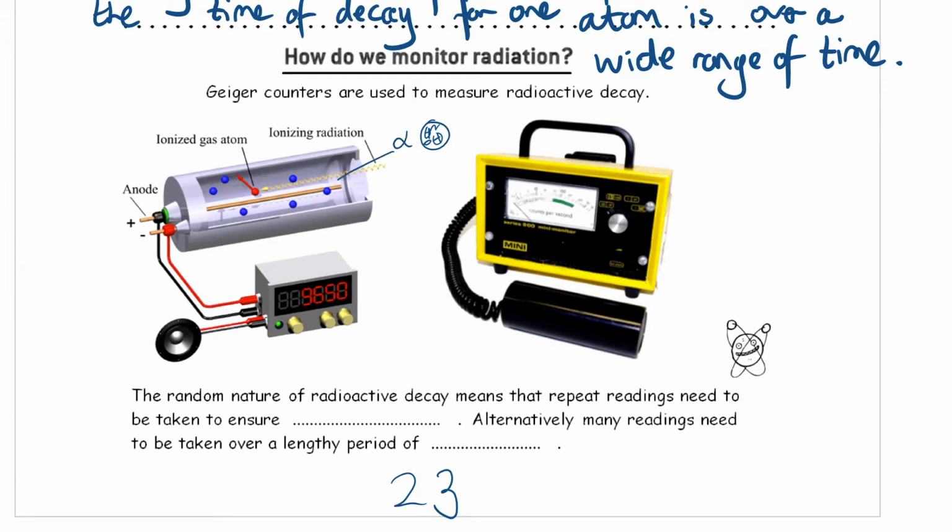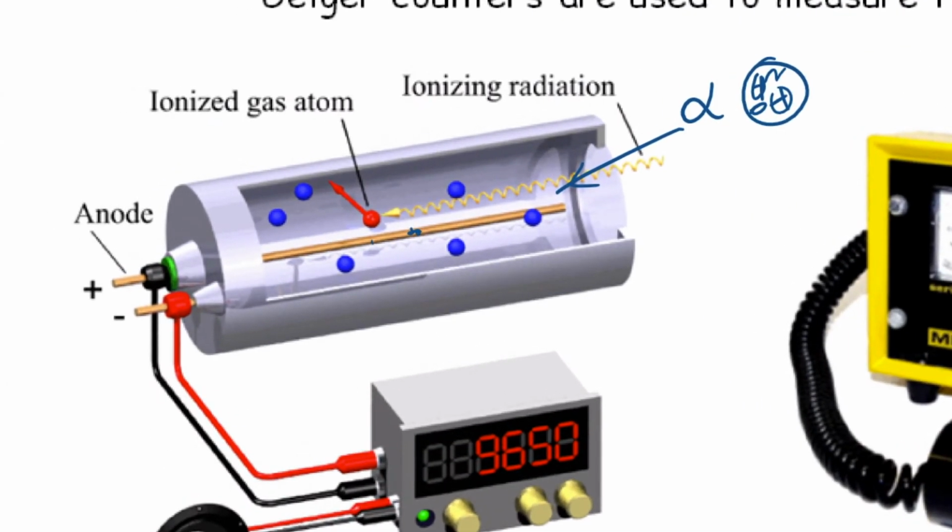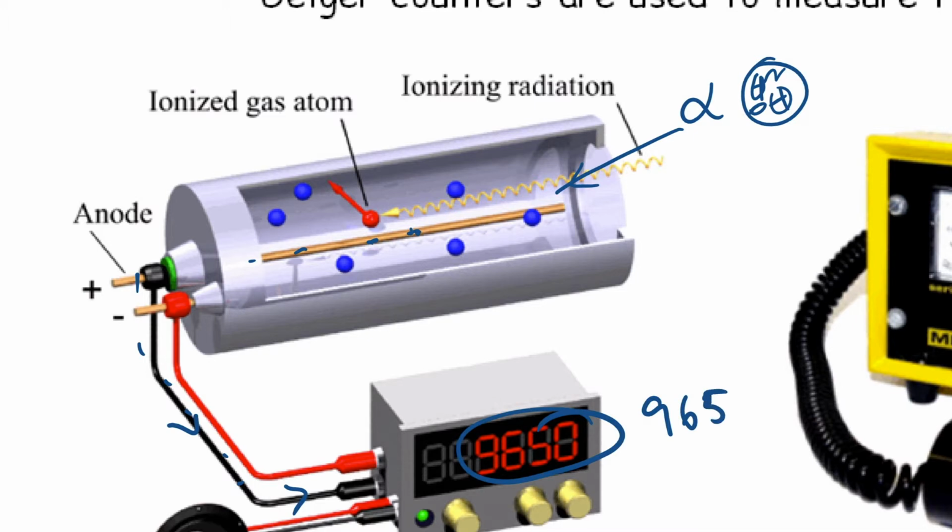Alpha particle would go in and it would ionize an atom, and it would cause an electron to get attracted towards this anode. Remember, an anode is positive, and the electron would go through that anode and it would go around the circuit and it would be registered here. So that would change it from 9650 to 9651.